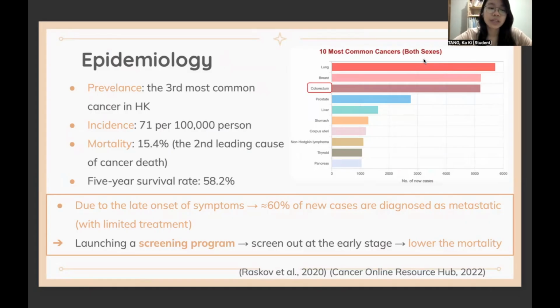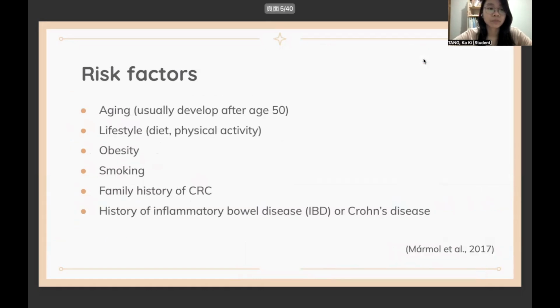And due to the late onset of the symptoms, around 16% of the new cases are diagnosed as metastatic, with limited treatment decisions. Therefore, launching our screening program can help to screen out colorectal cancer at the early stage and provide suitable treatment, and finally can lower the mortality.